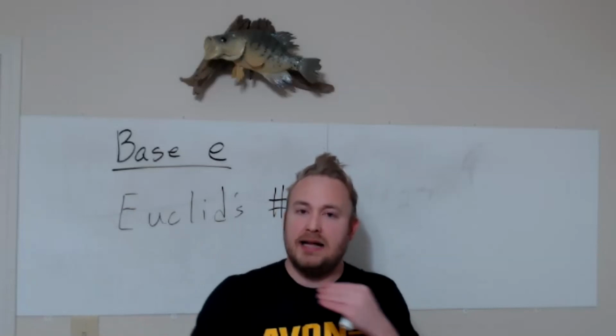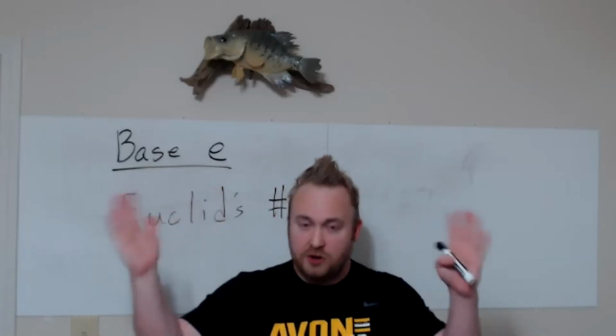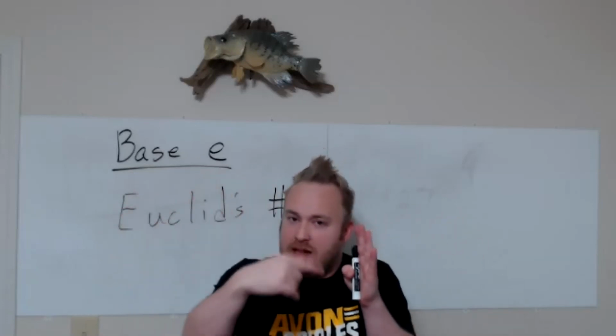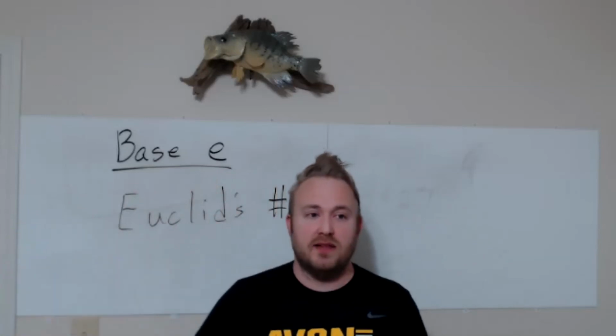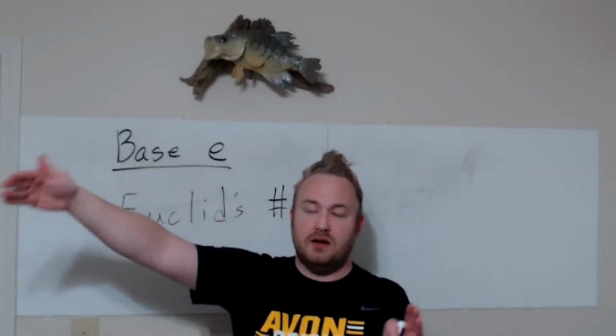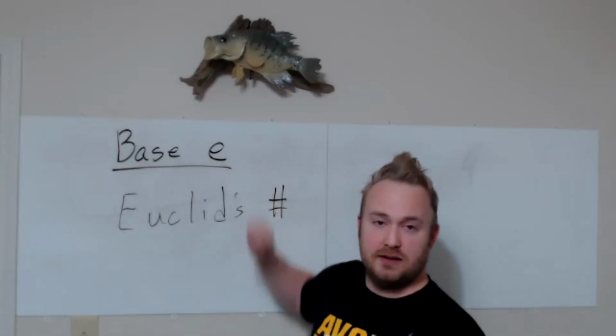Say they're constantly recalculating that interest. It's a 100% interest rate, but we're breaking that down into infinitely many little interest calculations. And we let that $1 go till the end of the year. At the end of that year, you will have exactly E dollars.